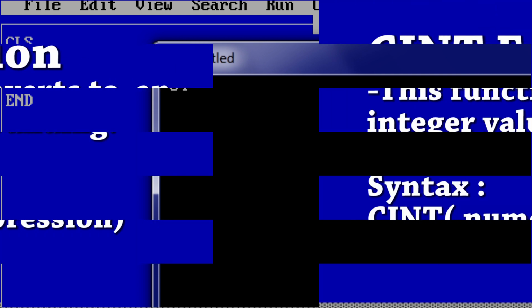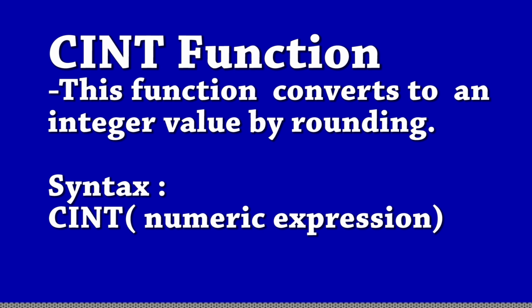Okay, so now another topic we will read, and that is another function, the CINT function. This function converts to an integer value by rounding. Means it converts the numeric value, but it rounds. In the case of 5 or more than 5 after the decimal point, it rounds up.